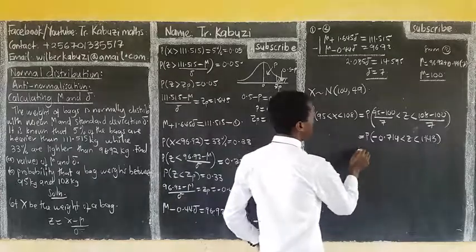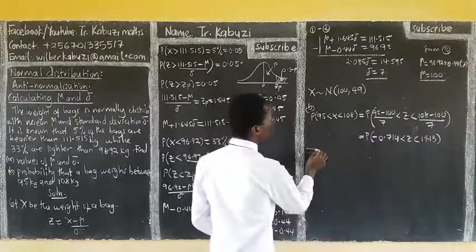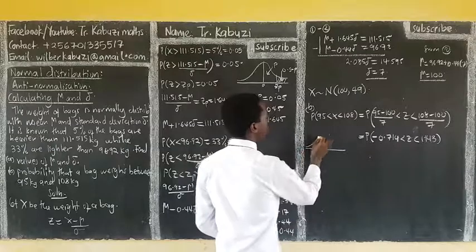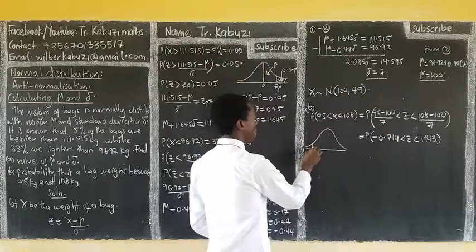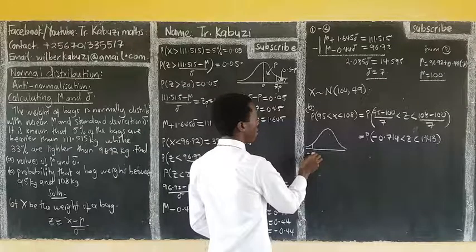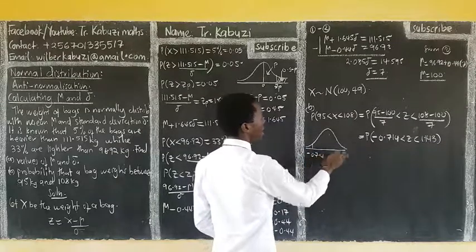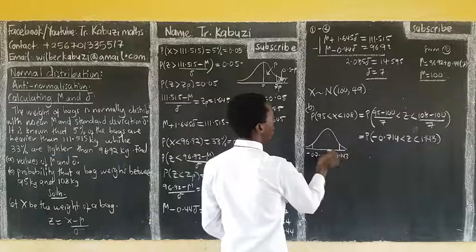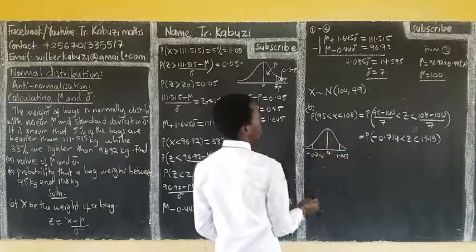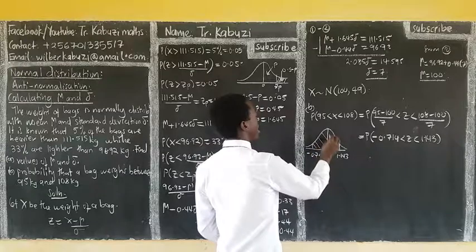So now sketch that. This one is going to be our simple sketch. This is the probability from negative 0.714, and then this is going to be 1.143. So this is the probability we want here.